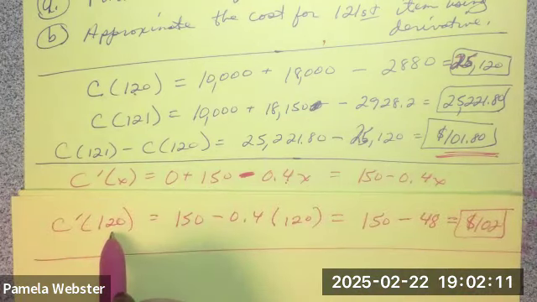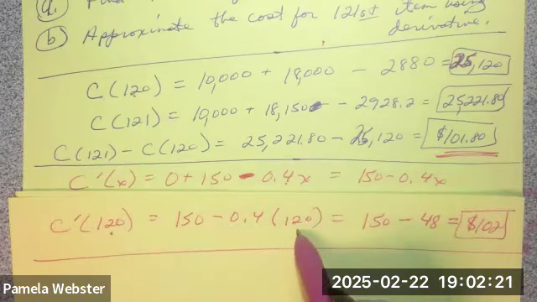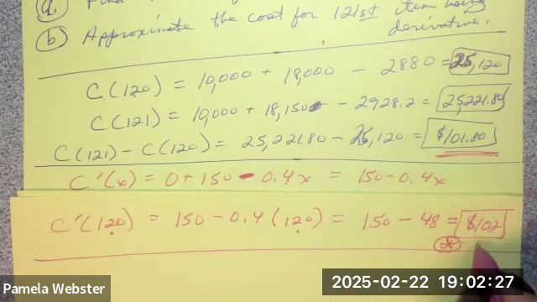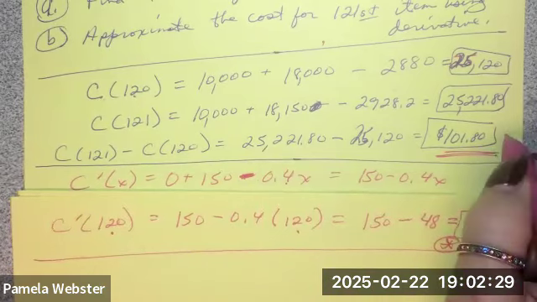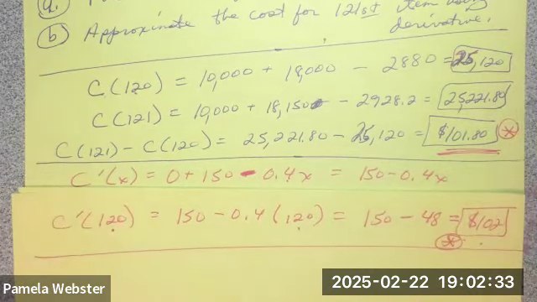Remember, when we want to know the cost for the 121st, we put in the 120th to get to the next guy. So here is me plugging in 120 and subtracting, and I got 102. So here's my approximation, 102, and here's the exact, $101.80. The difference there is 20 cents.